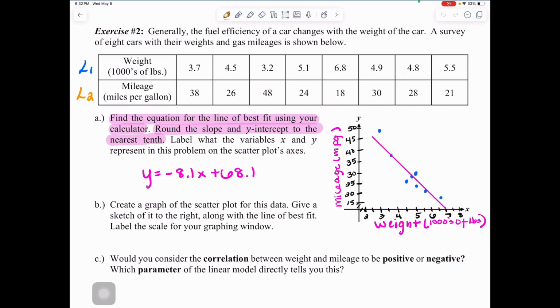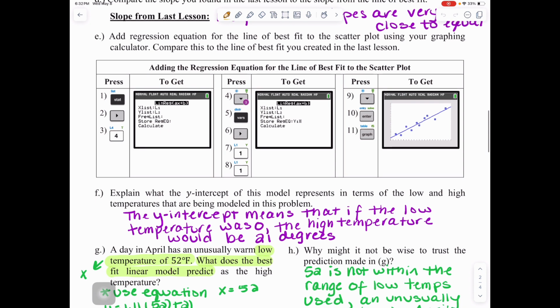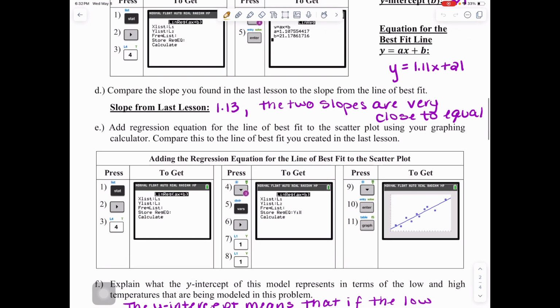And then I went to my graphing calculator and followed the steps for adding the regression equation to my calculator. I did stat, arrow over to calculate, and 4 for linear regression. But this time, next to store reg, I put y1, and I got that from picking the vars key, arrowing over to the right to y vars, picking number 1, which was functions, and picking y1.